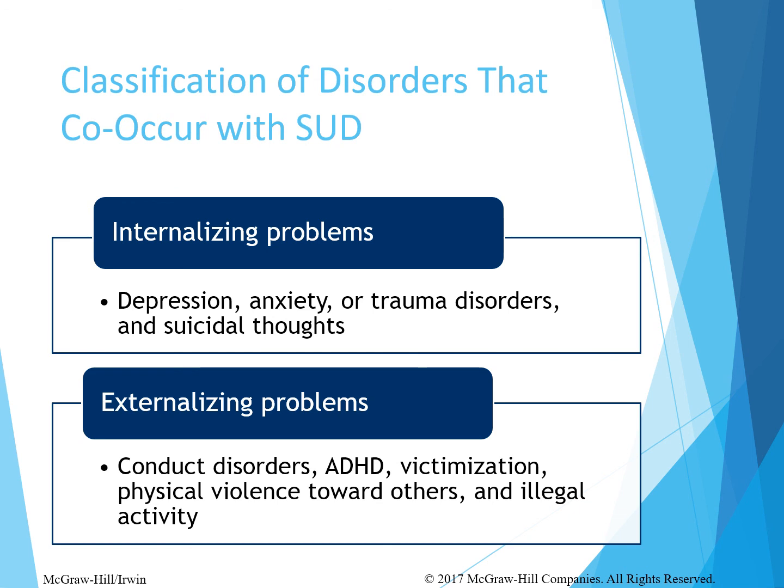While other problems associated with substance use disorders appear to be externalizing problems, meaning they are more viewable to the family and friends of the client, including conduct disorders, ADHD, physical violence, antisocial personality disorder with criminal and illegal activities.